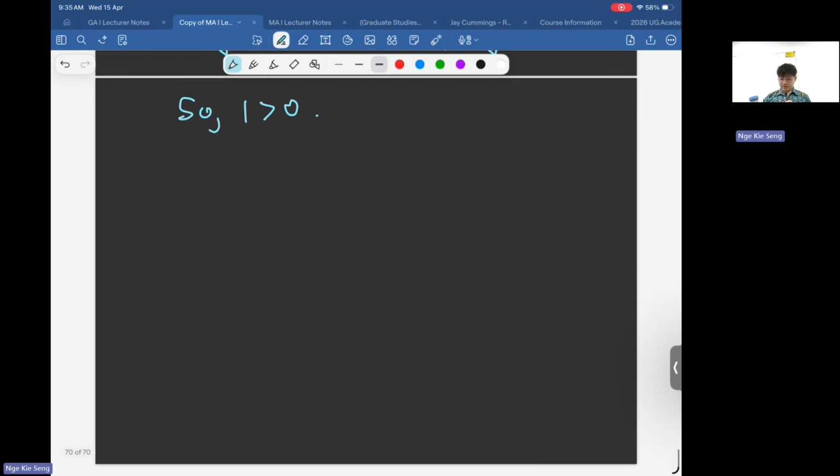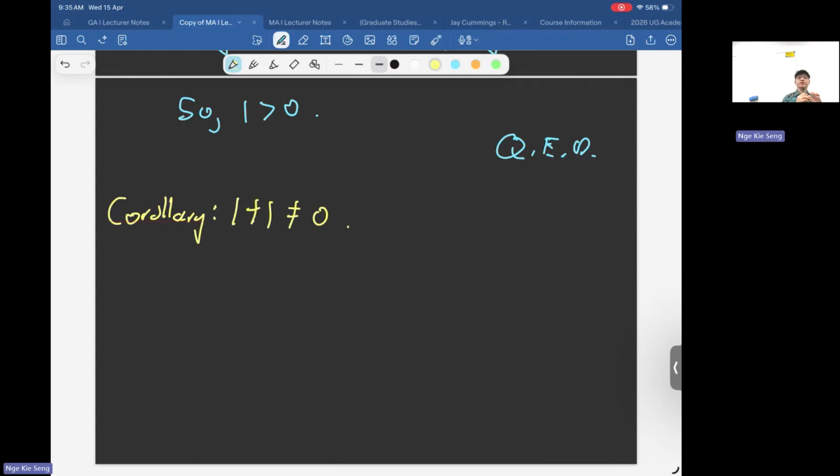Next, the corollary is that 1 plus 1 is not 0. So the Peano axiom actually makes sense: adding 1 should get you something different. If 1 plus 1 is 0, maybe our world is a simple world, with not many numbers to play on.